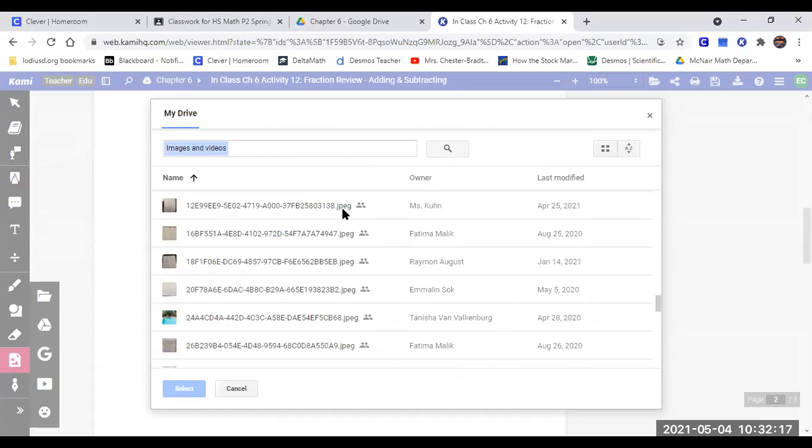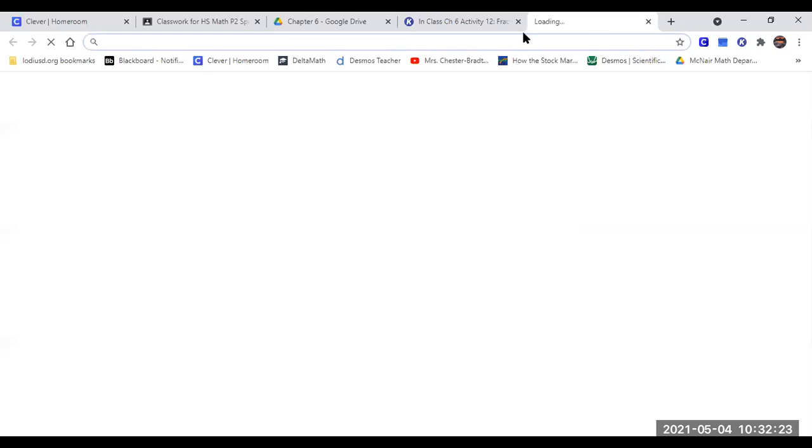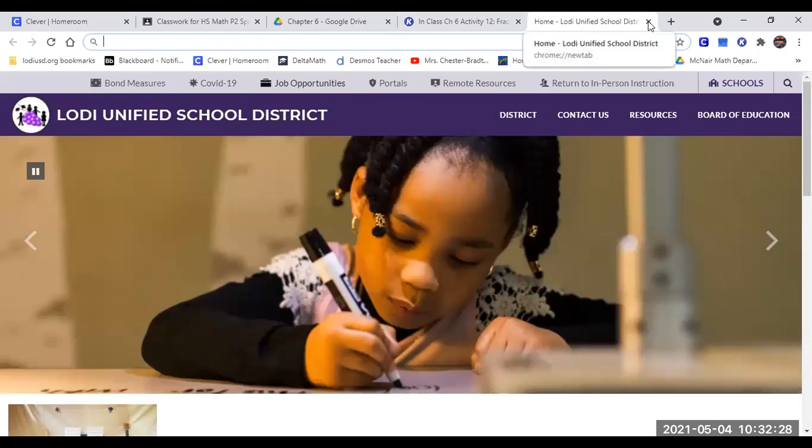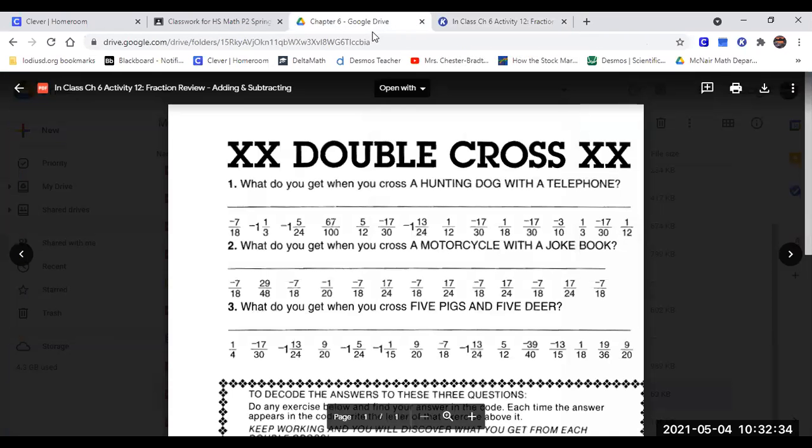Not letting me into my regular drive. That's why I have to go to files. Okay, when in doubt, I have to pull it off of my other thing. It's okay. Because this is a laptop, I'm gonna have to put them on my laptop first.